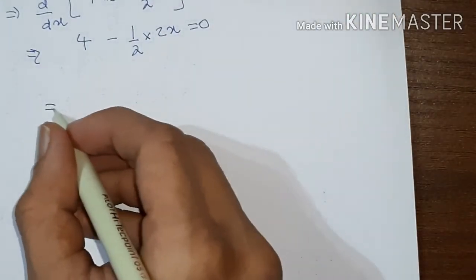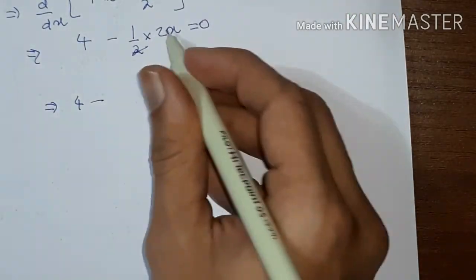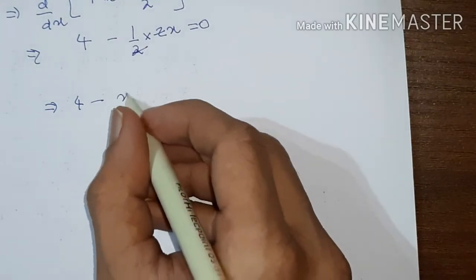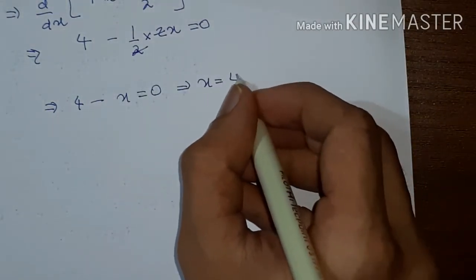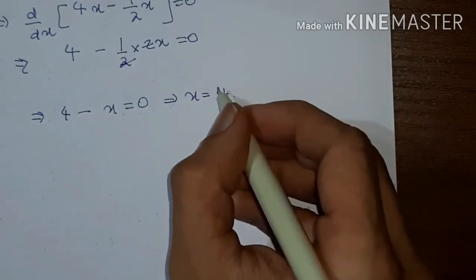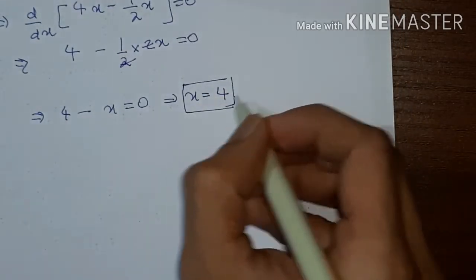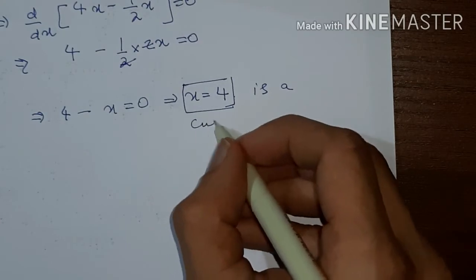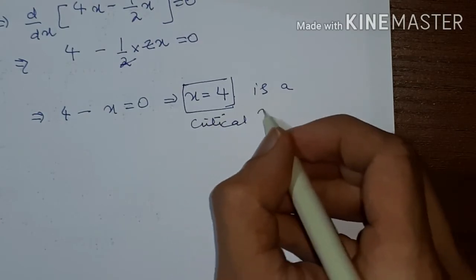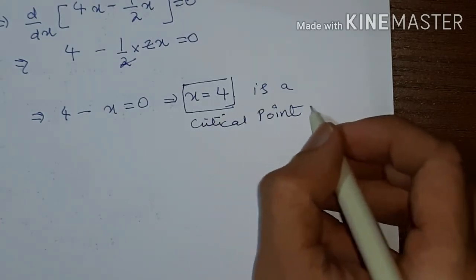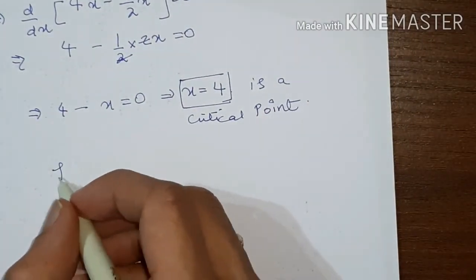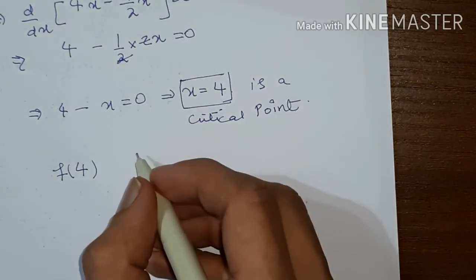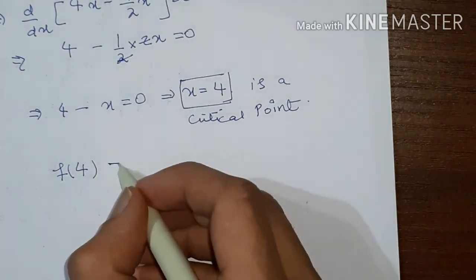Then you will get 4 minus x equal to 0, as the 2 and 2 get cancelled. So that means x is 4, right? So x equal to 4 is a critical point. Now what we have to do is check the function value at 4, that is the critical point.